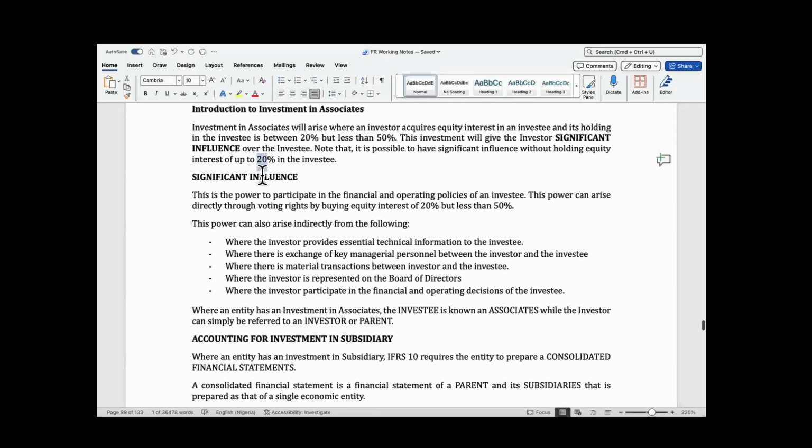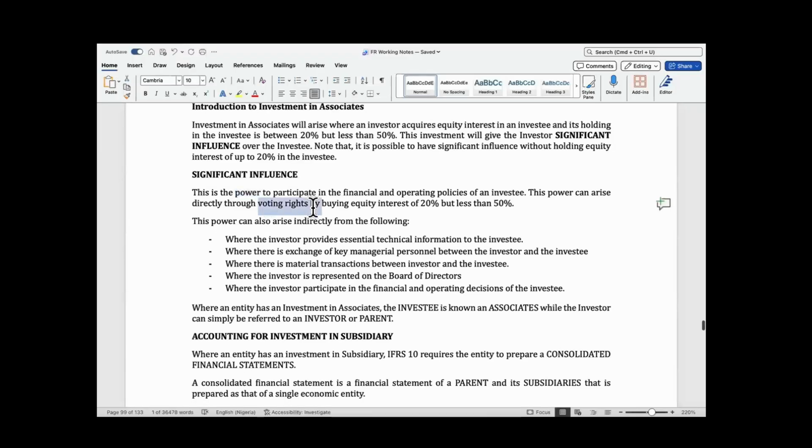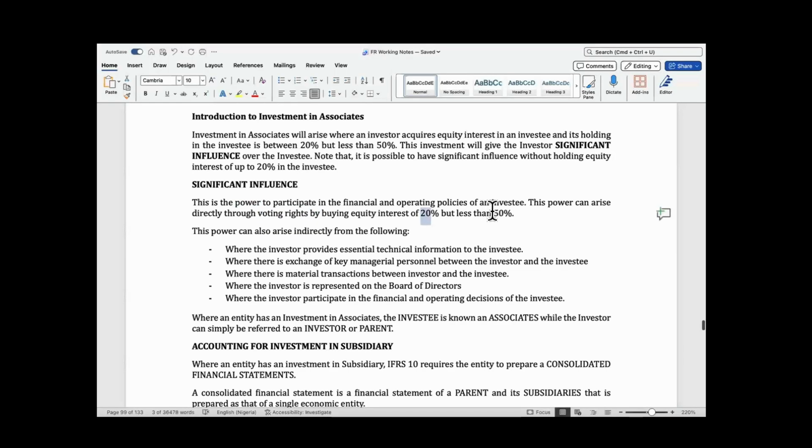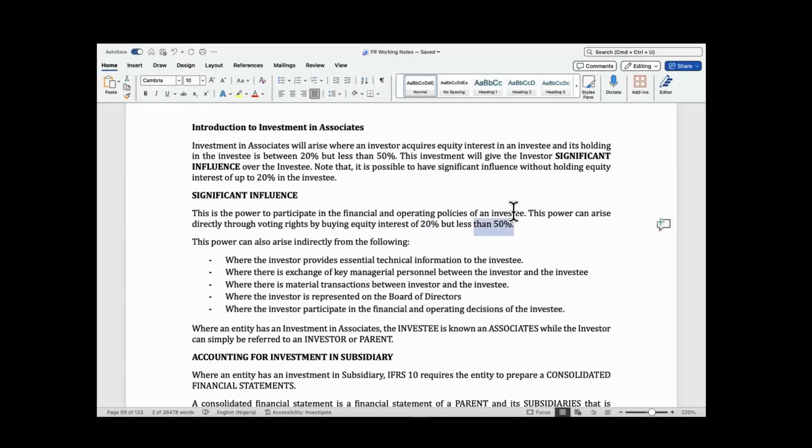Now, significant influence is a power to participate in the financial and operating policies of an investee. This power can arise directly through voting rights, by buying shares in the investee of 20% but less than 50%.